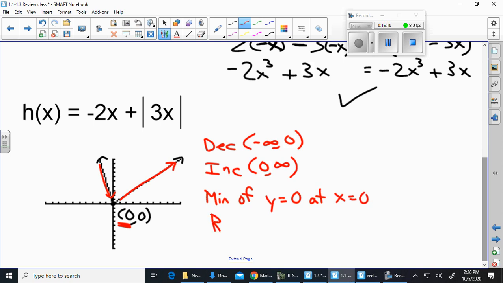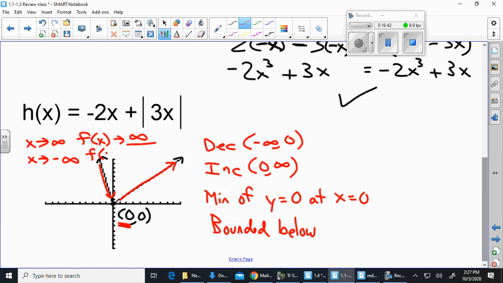It is bounded below because it has an absolute min. Symmetry, it is not even or odd. That does not flip and look the same on both sides. End behavior, as I look to the right, my graph is going up. As I look to the left, my graph is going up.